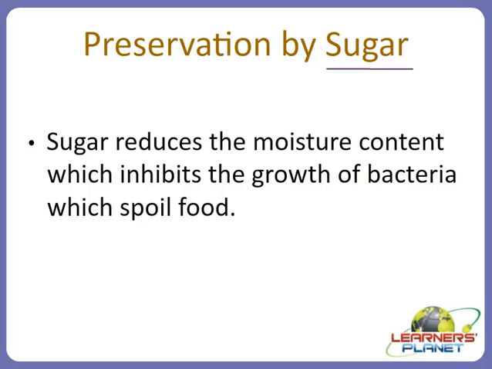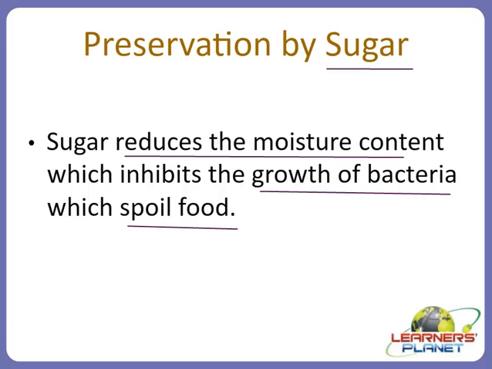Similarly, the sugar also reduces the moisture content of the food item, and when this moisture is controlled, it will inhibit the growth of bacteria or other organisms, and thus the spoilage of food could be prevented. So can you think of what type of material is preserved by these particular methods?